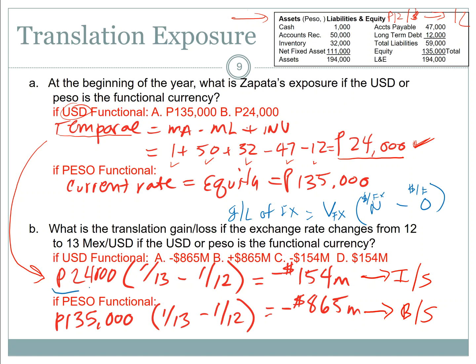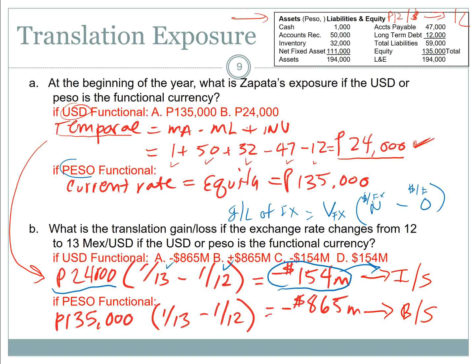So if I take my 24,000 pesos and the exchange rate goes from 12 to 13, in other words, the dollar price went from 1/12 to 1/13, that's going to show a $154 million loss, which will go directly to the income statement.